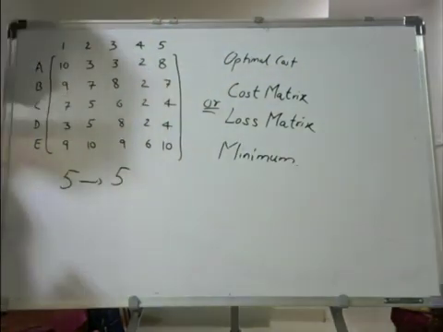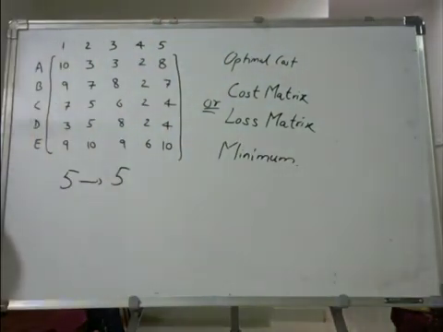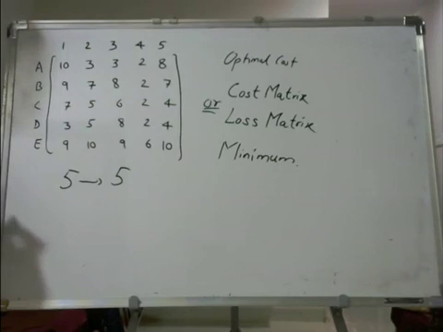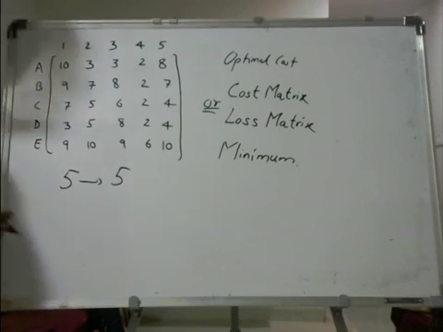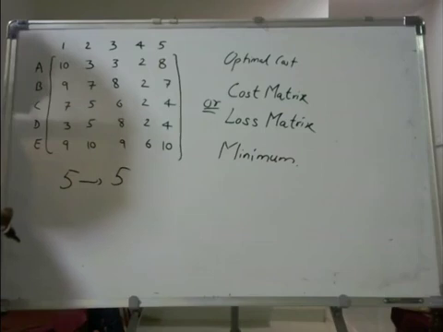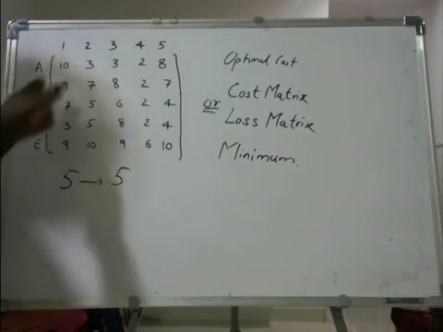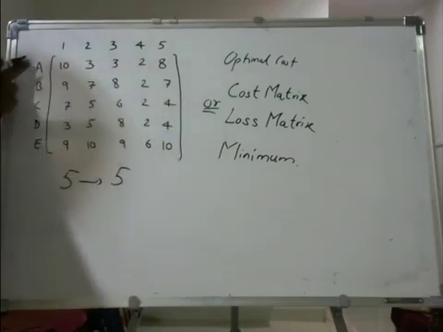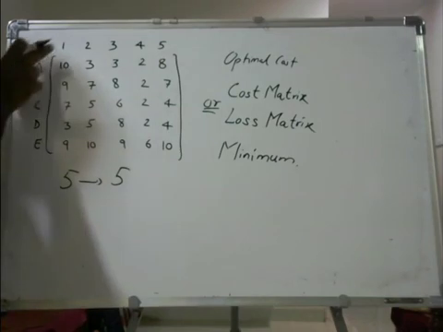The cost of assigning the work will be minimum, so basically we try to minimize the cost. There are other types of assignment problems called profit problems. They give you the profits here. If the first job is given to A, then the profit will be 10 rupees.